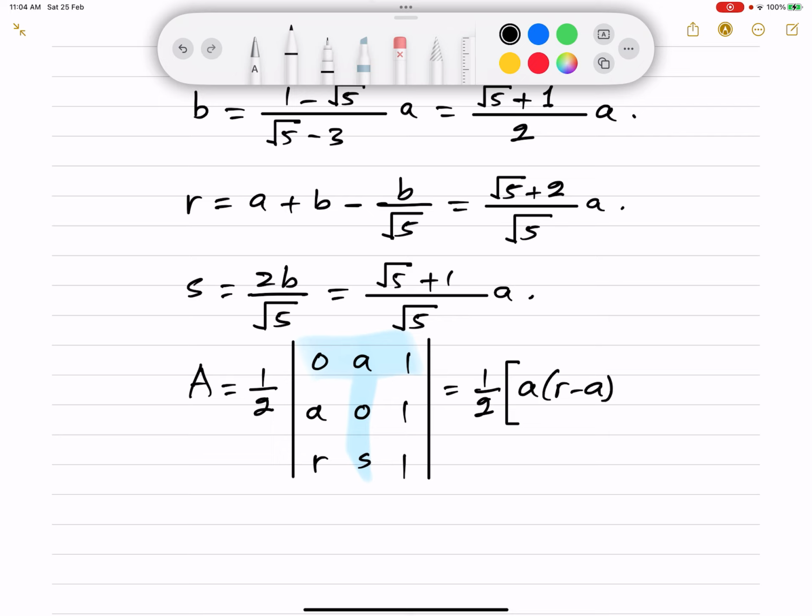And then the last one is going to be minus r multiplied by 0, which is 0, so plus as. And then we close the brackets. And of course, we know that this is going to be equal to the given area, which is 315 square root of 5 minus 675 divided by 2.